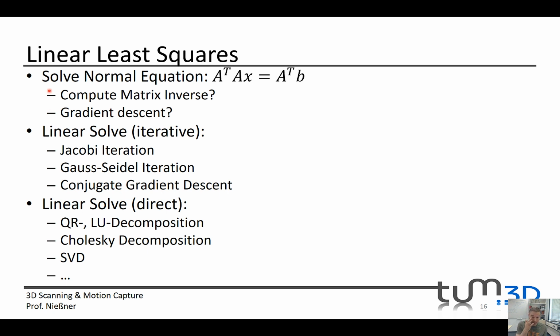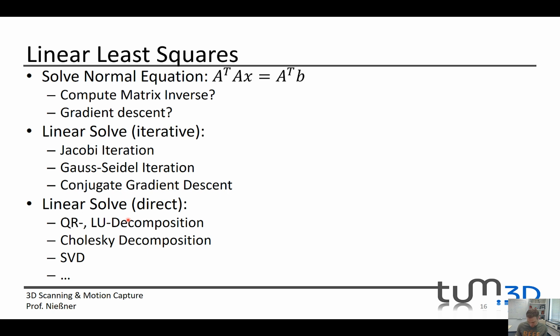In principle, there are two types of approaches. One of them is iterative, and the other one is direct, but direct means more or less you compute some sort of factorization of the matrix that makes the problem easier to attempt.